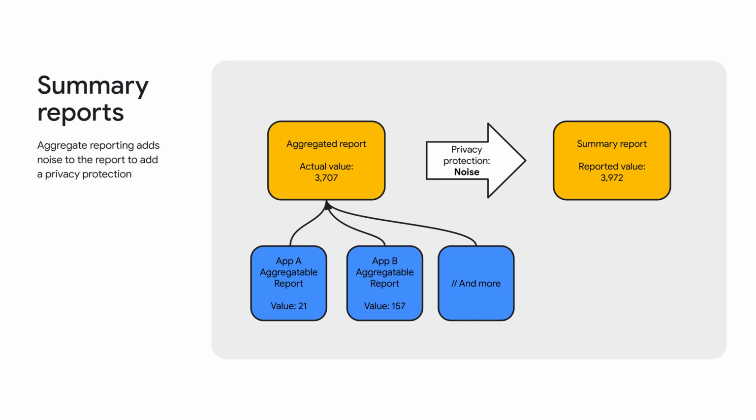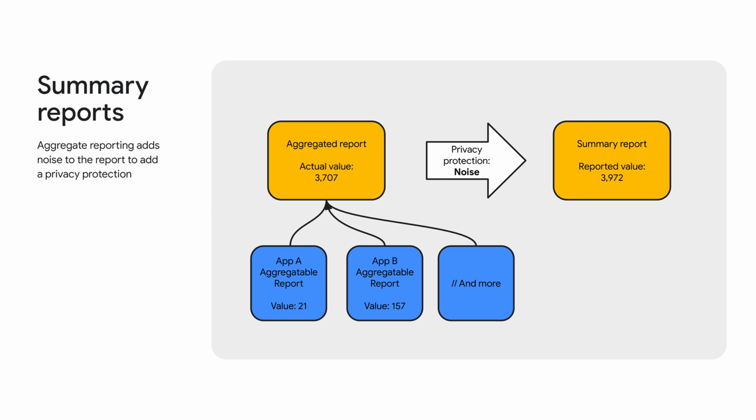There may be hundreds of individual aggregatable reports with spend values like $21 and $157 sent from each device or browser. These individual values are aggregated in the aggregation service, which amounts to the total of $3,707. However, this exact aggregated total spend value is not available to the ad tech.